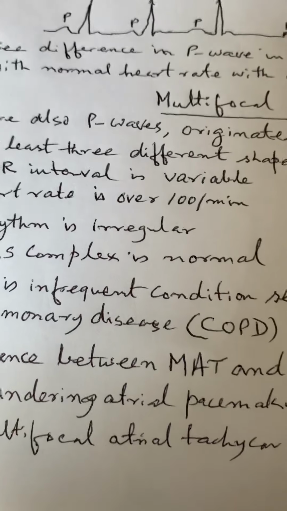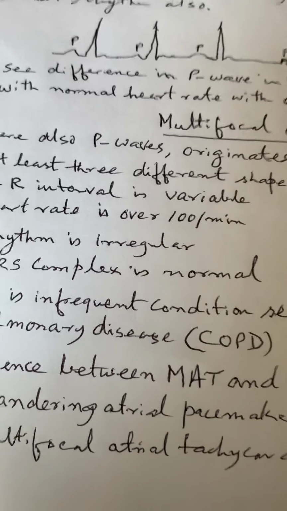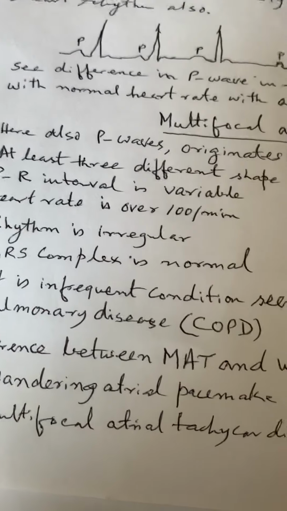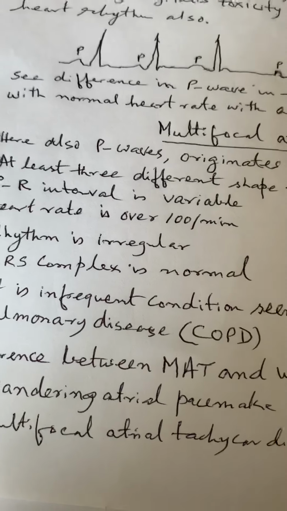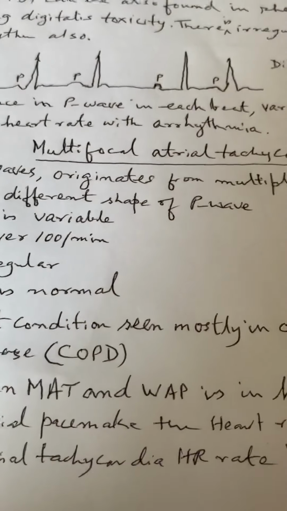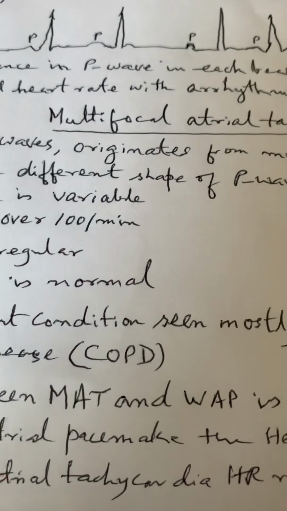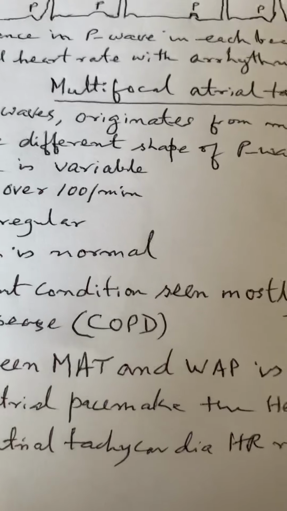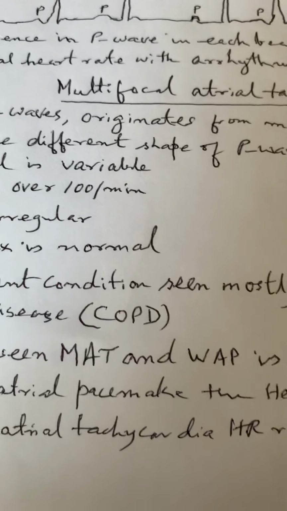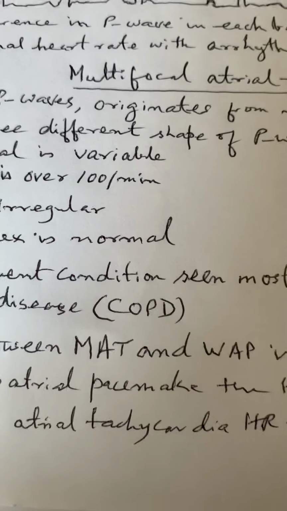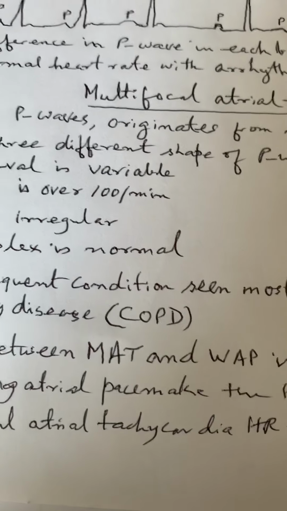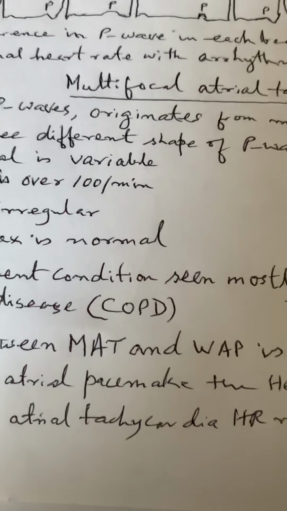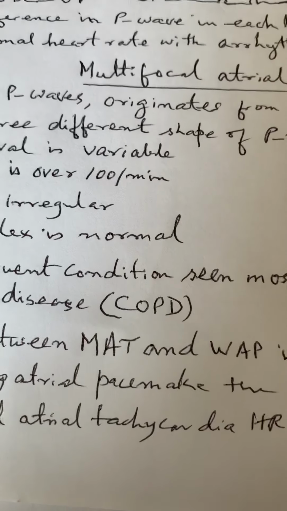So there is a definite P wave in both wandering pacemaker and multifocal atrial tachycardia. And the difference you see is in the heart rate. Over 100 is multifocal, and 100 or less is wandering atrial pacemaker. So this is what I wanted to discuss.